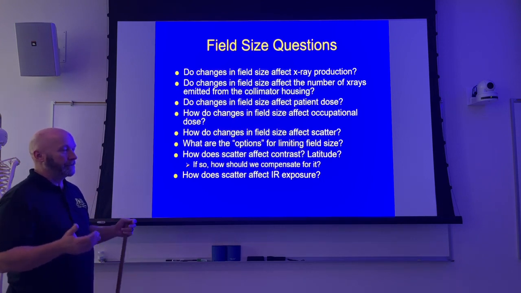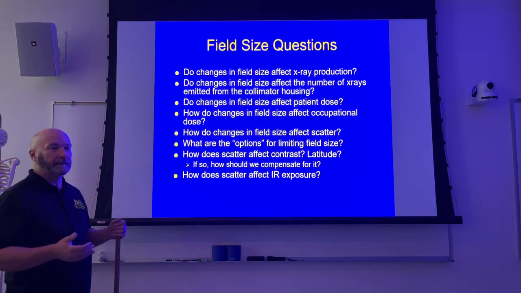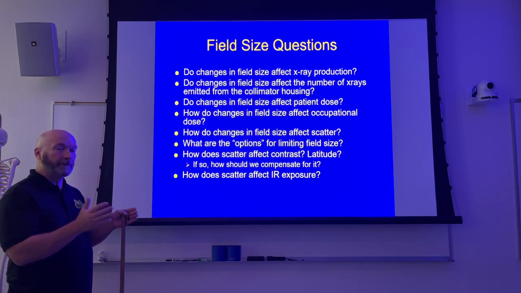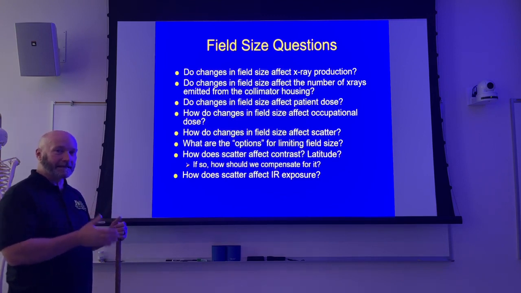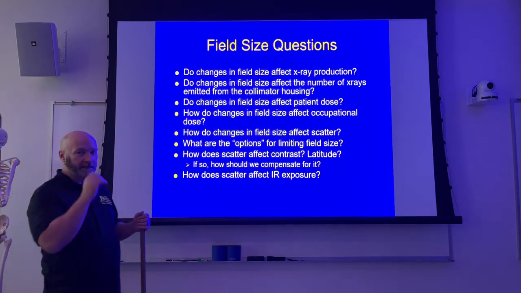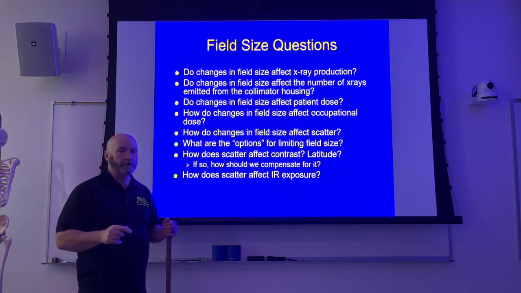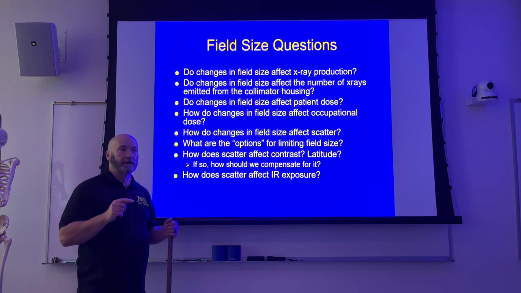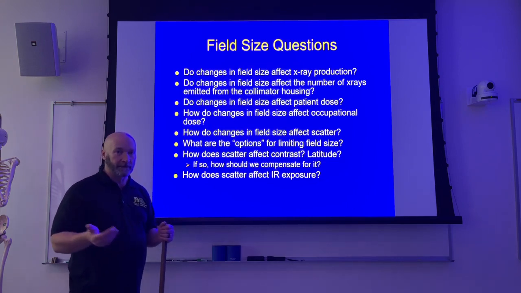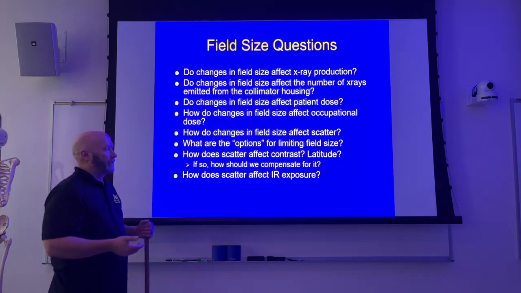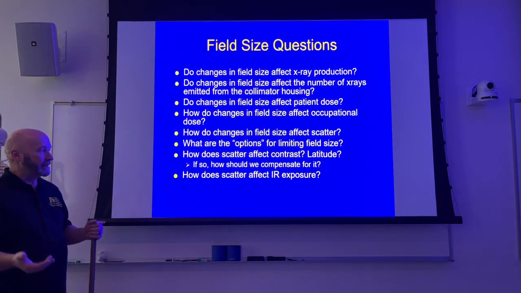You shoot a KUB with a set technique, and then you go back and you shoot an AP spine on the exact same patient with the exact same technique, and what you're going to see is your index number should indicate that you underexposed the patient, or at least the exposure to the image receptor decreased. All right, so how do you compensate for it?